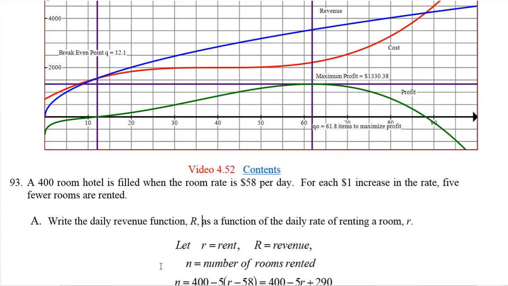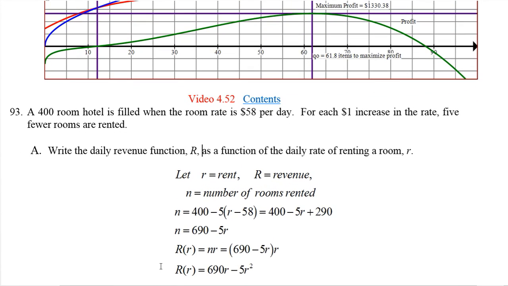Well, hopefully you came up with this relationship. If n is the number of rooms rented, that's a useful thing to know. So the number of rooms rented is 400 minus 5 times (r minus 58). This is a point-slope version of a line, since increasing the rate by $1 decreases the rooms rented by 5.